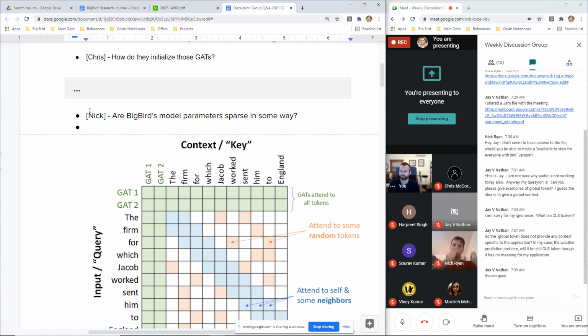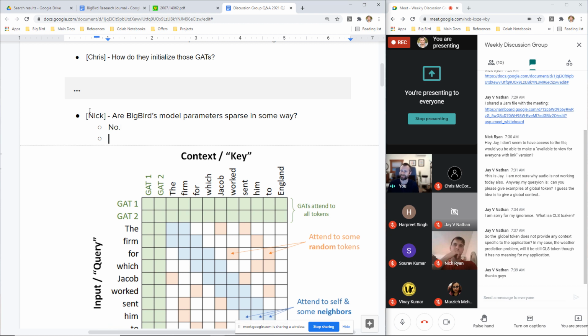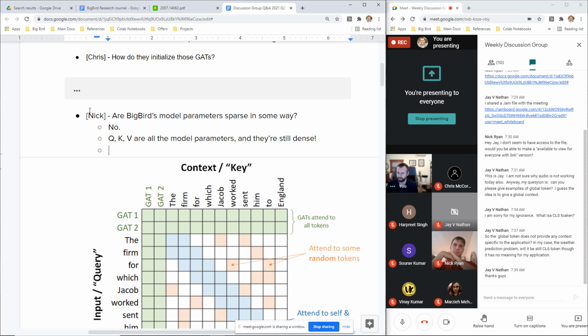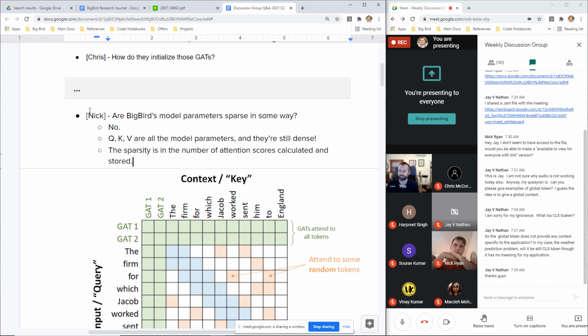It's kind of part of it, but no. QKV, I always get that backwards. The sparsity is in the number of attention scores calculated and stored, I think, is the key bit.